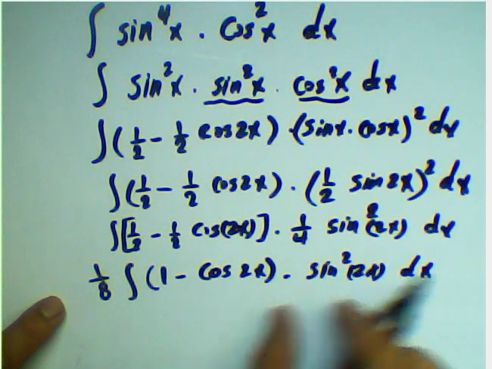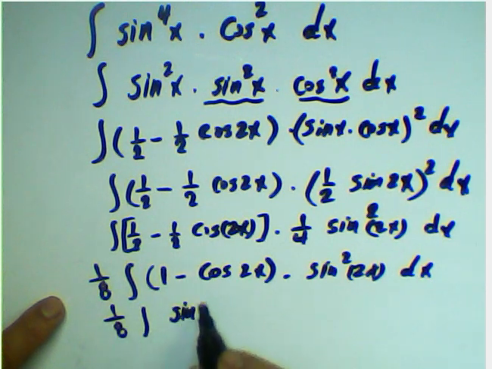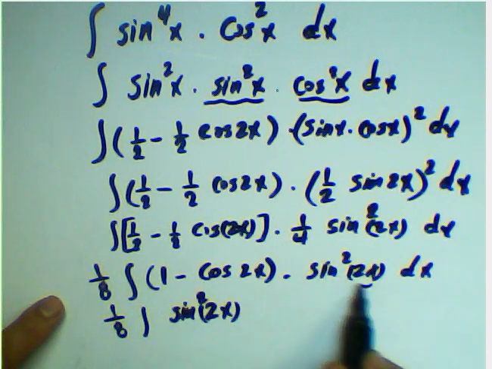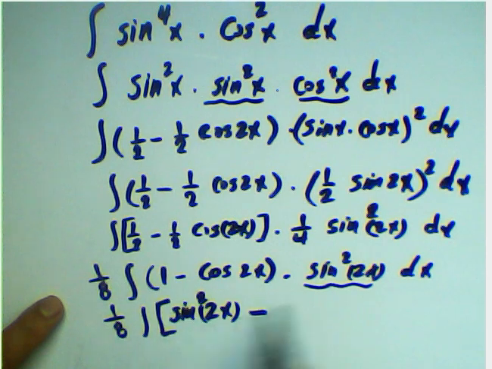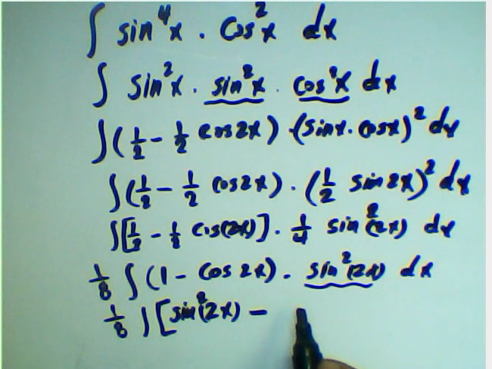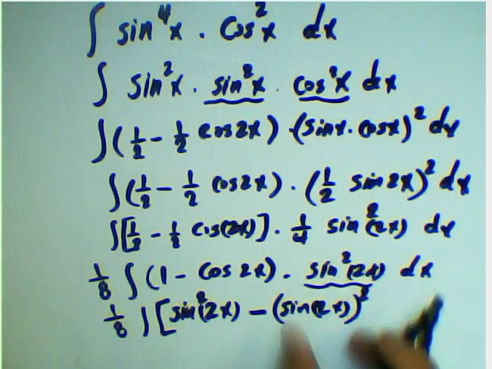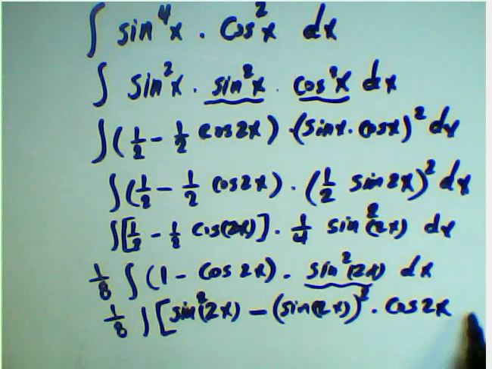And then distribute this function inside here. It will be sine power 2 of angle 2x multiplication by 1 and multiplication by cosine 2x. It will be sine of 2x all power 2, this function here multiplication by cosine 2x dx.